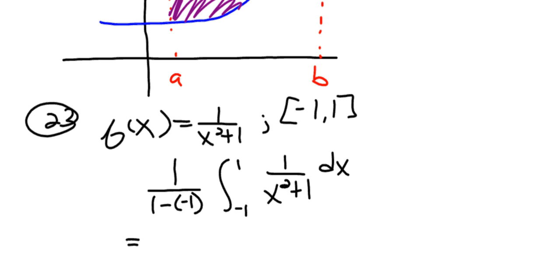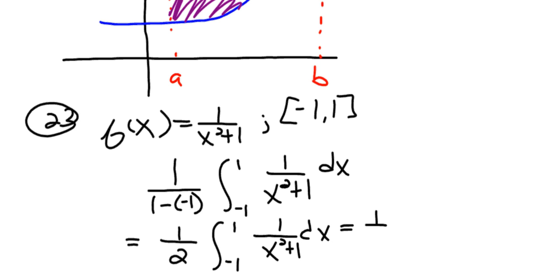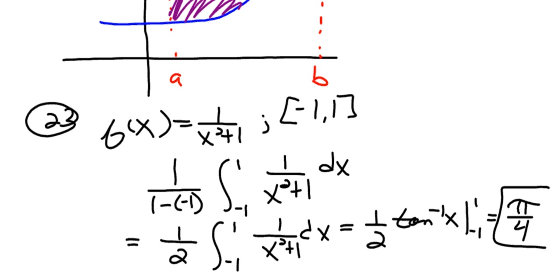So really our average value in this case is 1/2, and we can go ahead and integrate. But for this one, I'm going to leave it as is. Maybe you could do the even and odd, make it easier, but I'm going to leave it. And I see it should be 1/2 the tangent inverse of x, evaluated from negative 1 to 1. And in this case, I get pi over 4.